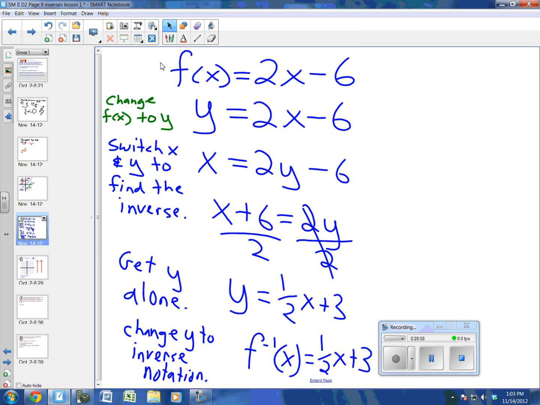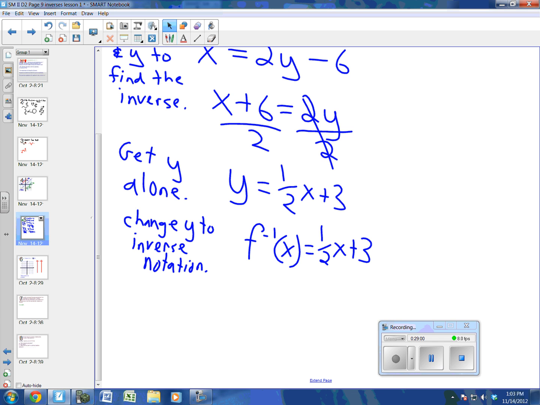Right there, that is how you find the inverse of a function. Okay? How many of you guys got that down? Can you do that? Okay. We're going to do another one. Hurry, write it down.